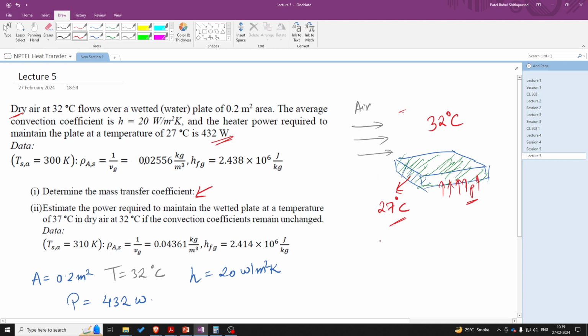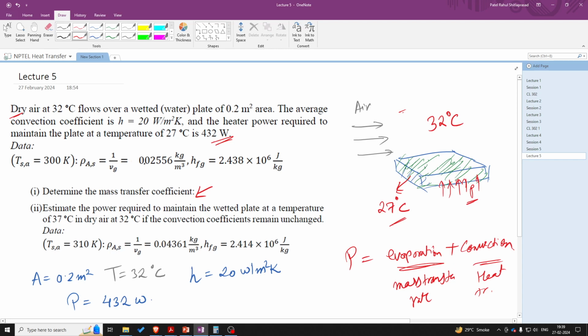So if you just write an energy balance, the power will be responsible for evaporation as well as convection. What we need to do is equate this power to the mass transfer rate plus the heat transfer rate, and we will try to find this mass transfer coefficient from that.